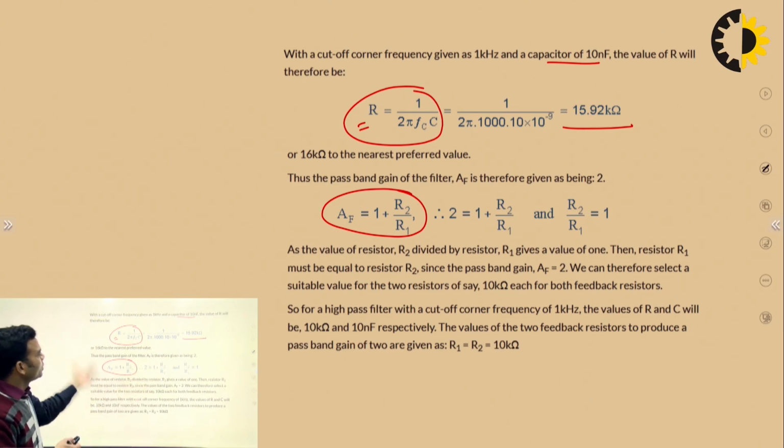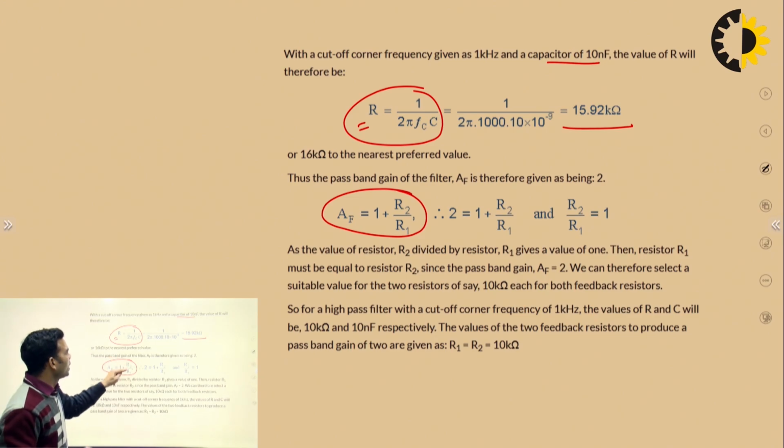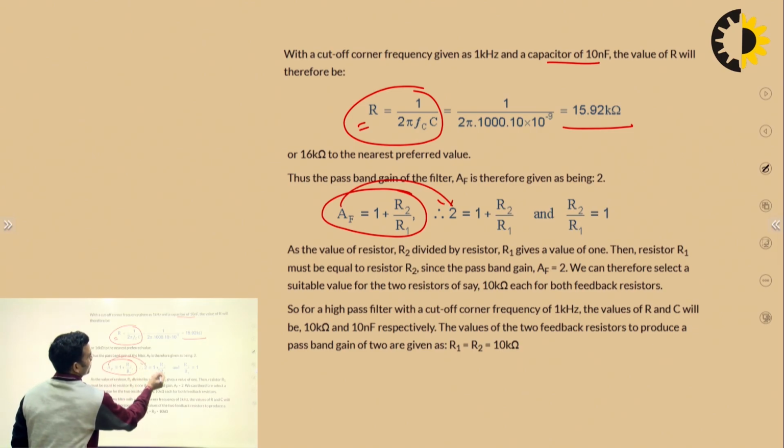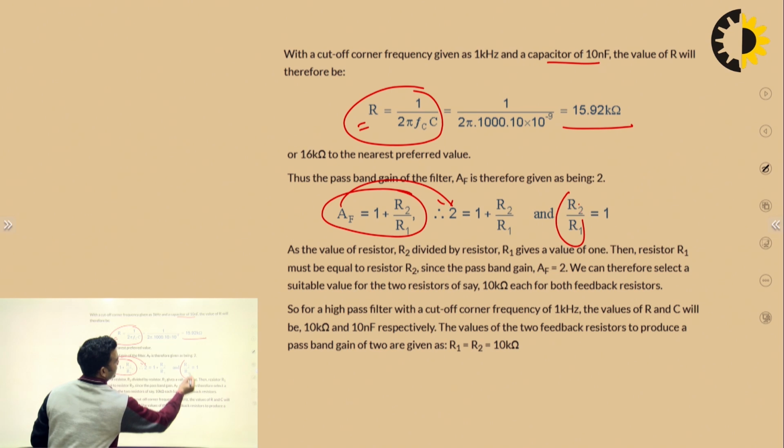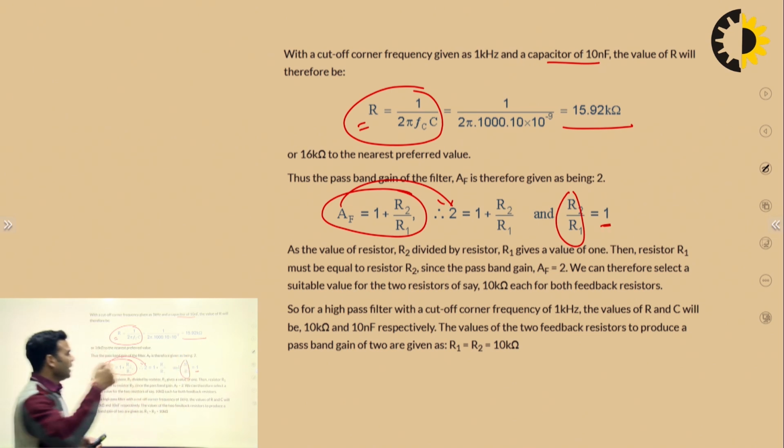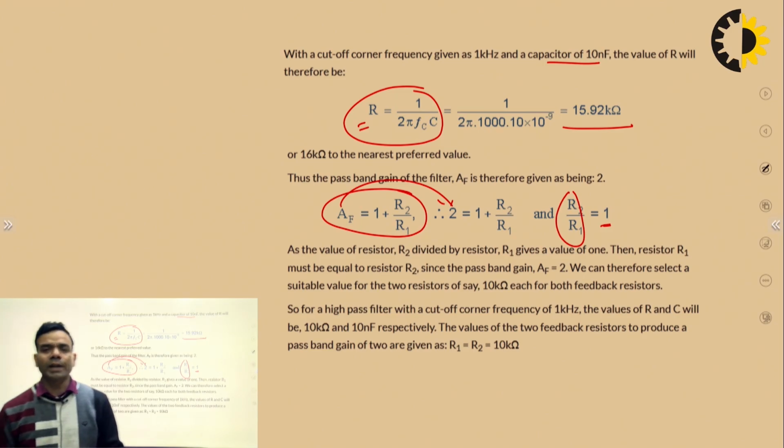Now, I am going to design the part associated with the operational amplifier. In this case, I need to find the values of R2 and R1, and AF is given as 2. So, R2 upon R1 is equal to 1. So, you can take equal values of R2 and R1, and in this way you can design a low pass filter for any desired frequency and for any desired gain. Thank you.